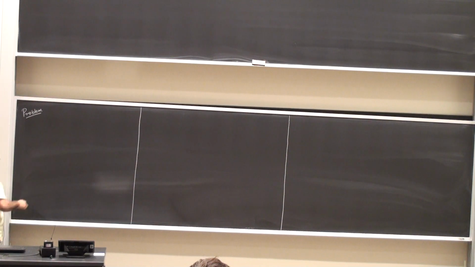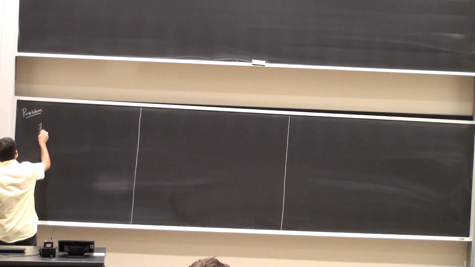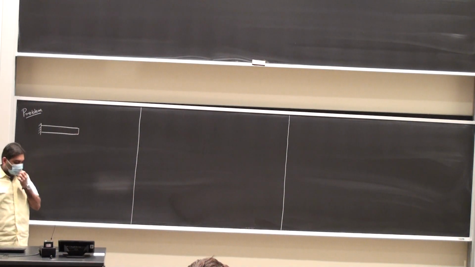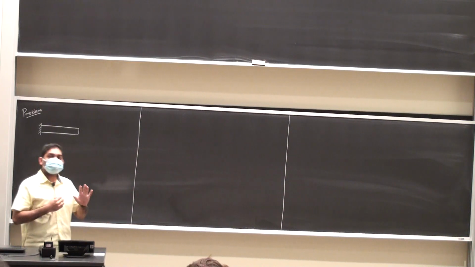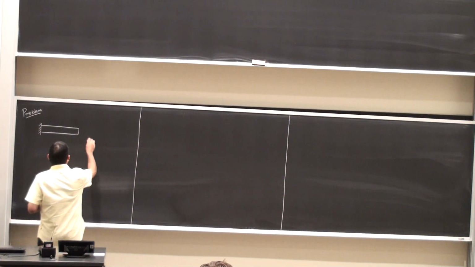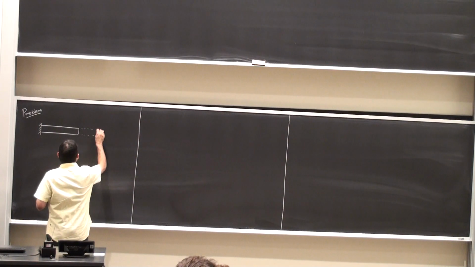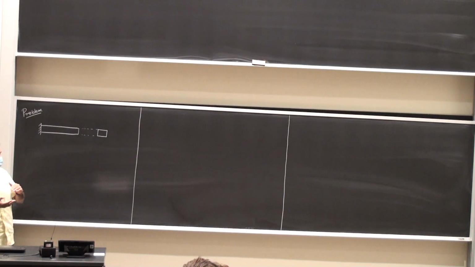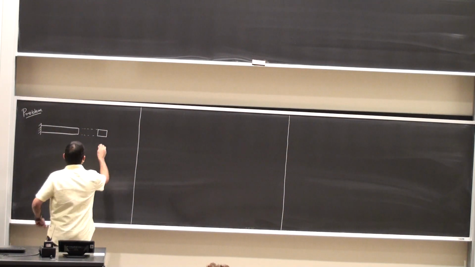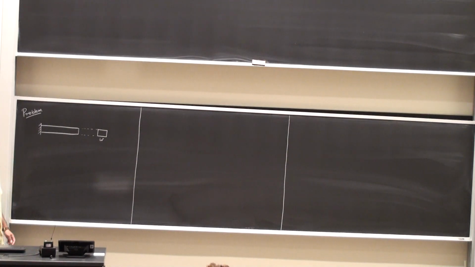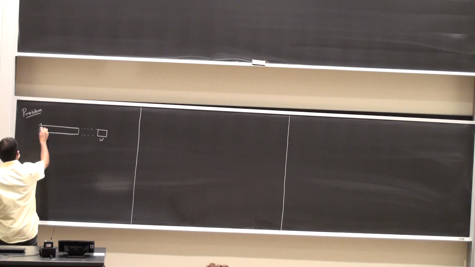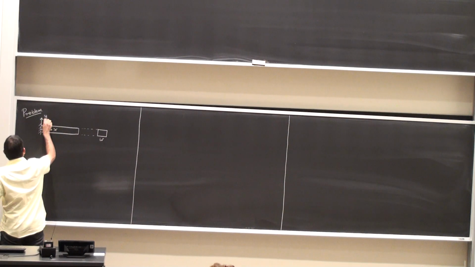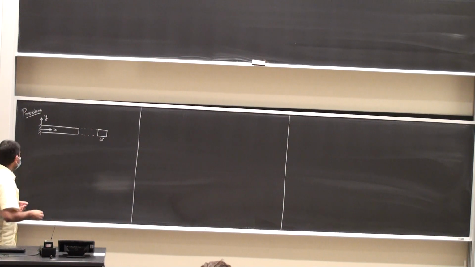I have a cantilevered beam. And for the sake of simplicity, I'm going to assume that the cross-section of this is a rectangle. The total width of this rectangle is W. And I'm going to set up an axis system: x-axis, y-axis, z-axis coming out of the page.